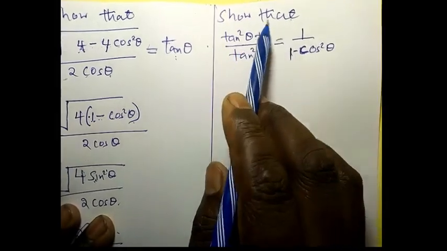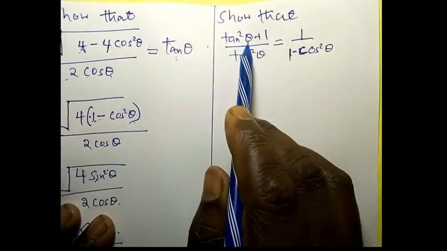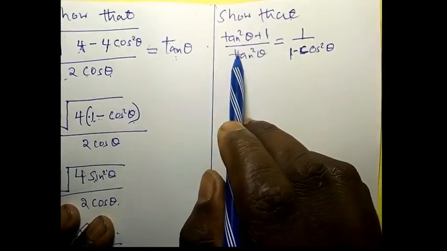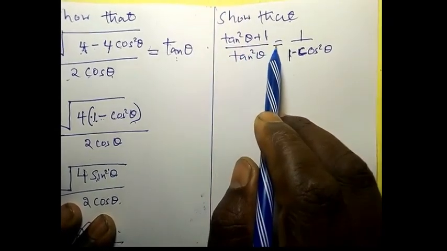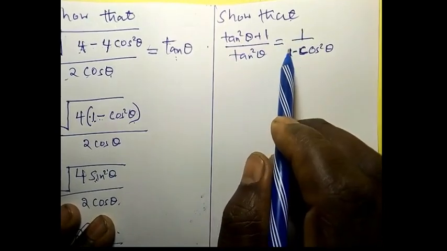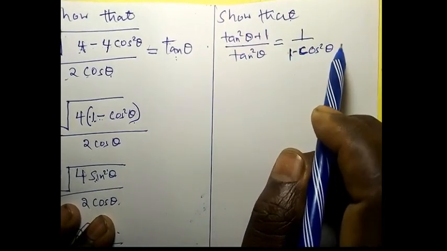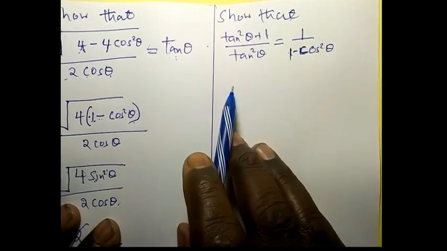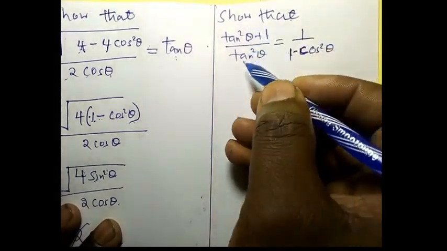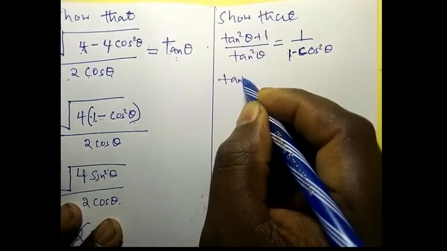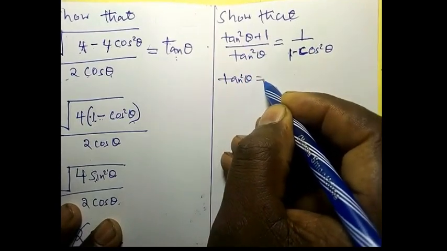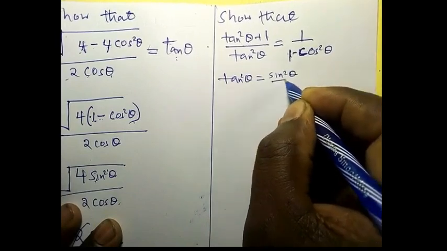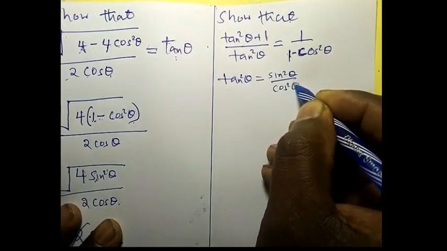Show that tan square theta plus 1 divided by tan square theta is equal to 1 over 1 minus cos square theta. Very good. So we first need to know that tan square theta is simply sine square theta divided by cos square theta. We know that.